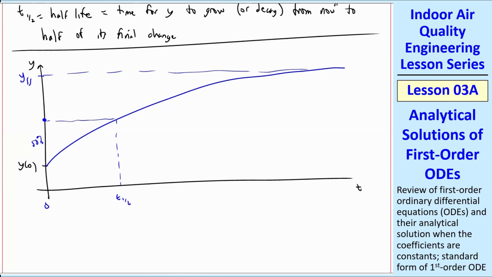Now we can start there and go another 50%. Now it's 50% of the final change from now. So if now is here, 50% would be 50% of that distance instead of 50% of that distance. So from here, if we go across, that would be another half-life. So that would be 2t1/2. If you do it again, you take 50% of that distance, which would be there, and you come across and you get 3t1/2.